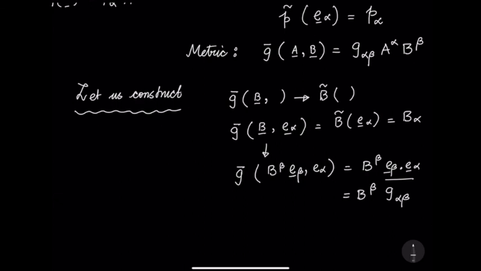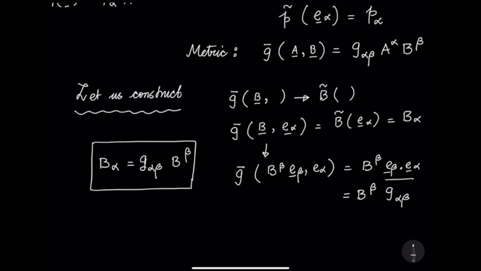So what do we get? We get that B alpha is G alpha beta B beta. This is, again, the relation between the components which will be extremely useful.